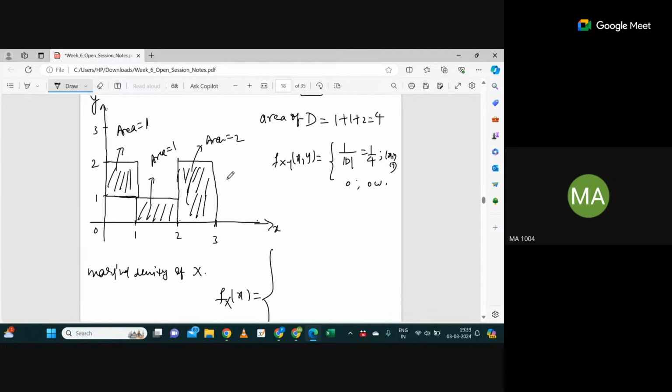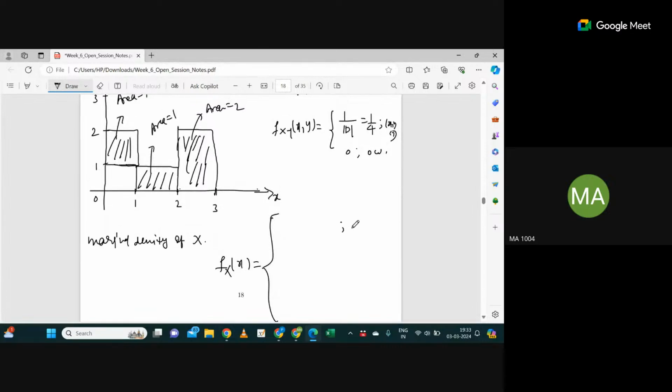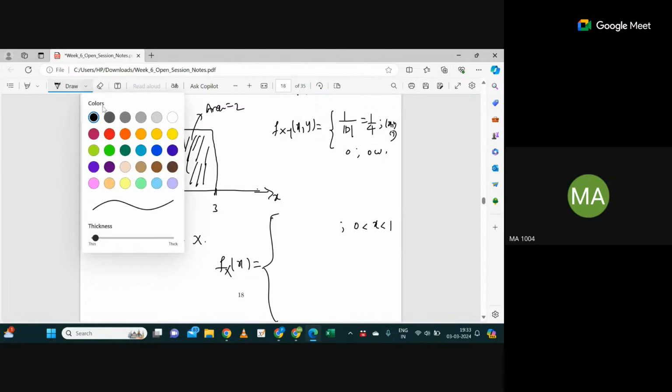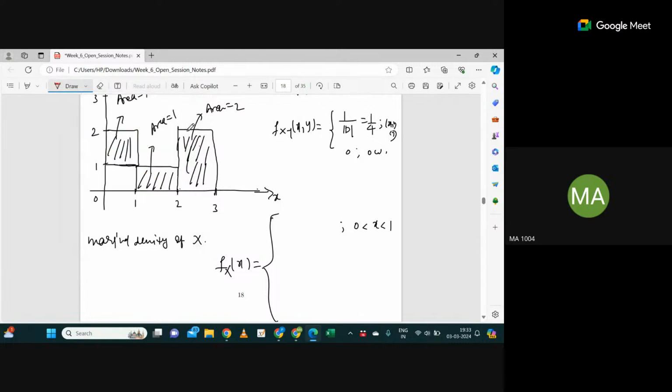First of all, we have to find the limit of Y, because we have to integrate with respect to Y. When X is 0 to 1, what is the limit of Y? 1 to 2. That means I have to integrate the joint density, 1 by 4, dy from 1 to 2, yes or no?